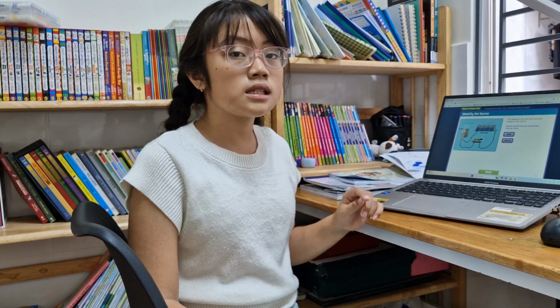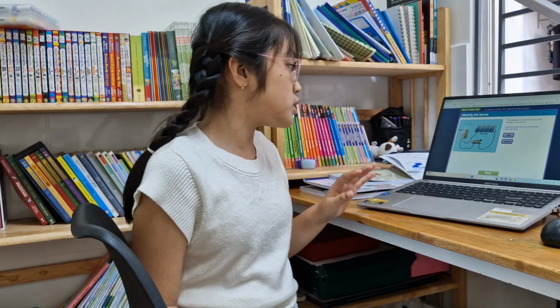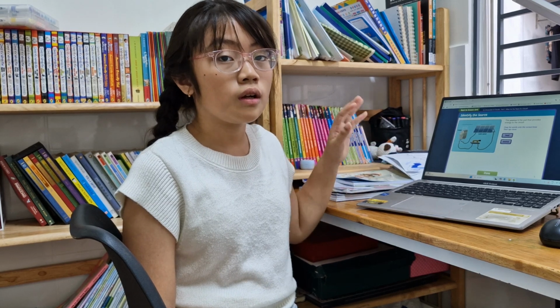Now, let's connect the correct word to each part of a circuit.